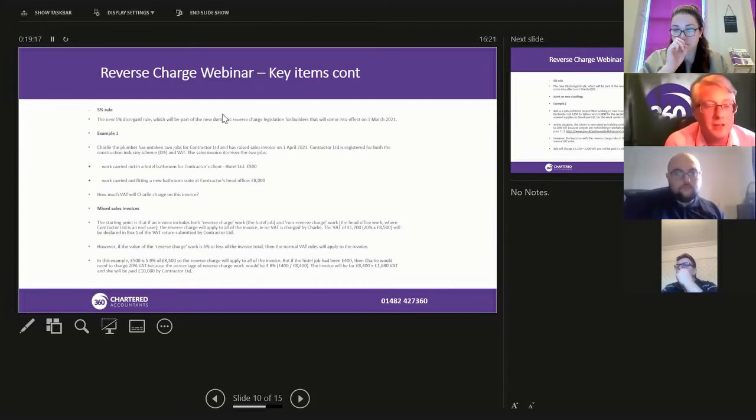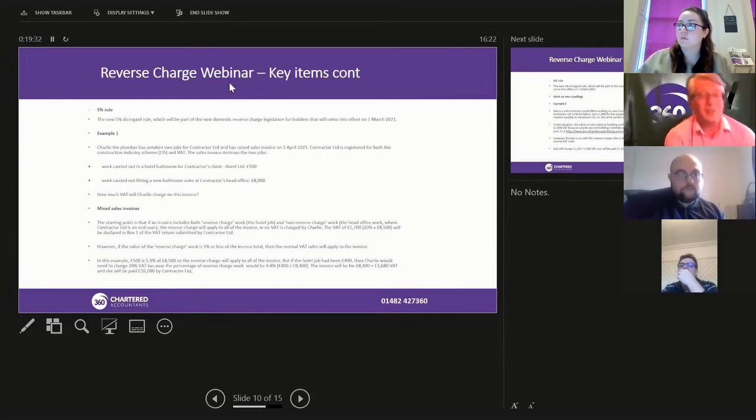There's an example on there where there's a plumber doing a job that falls both within the normal scheme and within the reverse charge. You can see from the example that if the net of that work that would normally fall within the reverse charge is below 5%, then you disregard it and you would use the normal scheme. But if the work that does fall within the reverse charge is more than 5% of the total invoice, then you have to apply the reverse charge to the full scheme.